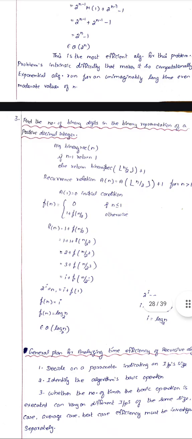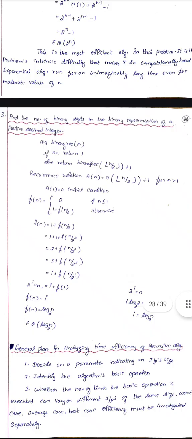Find the number of binary digits in the binary representation. Floor value of n by 2 plus 1, that gives you 0 if n is less than or equal to 1, or 1 plus f of n by 2. 1 plus f of n by 2, 1 plus 1 plus f of n by 2, 1 plus 1 plus 1 f of n by 2. That is i plus f of n by 2 power i.